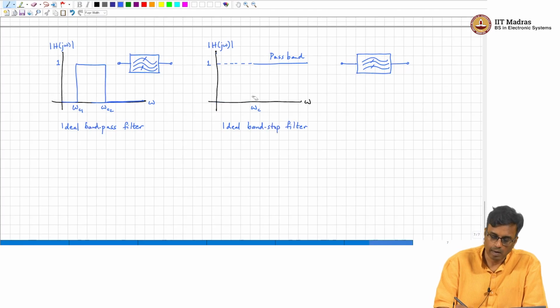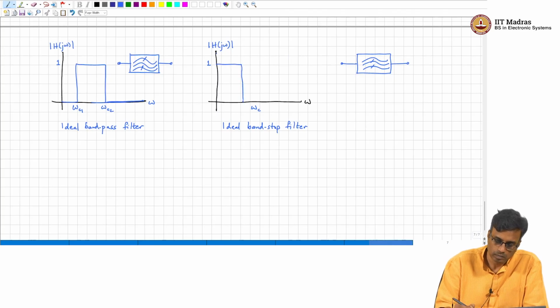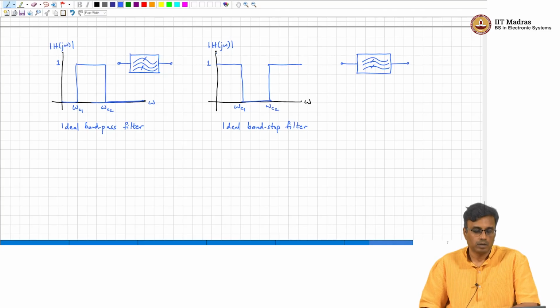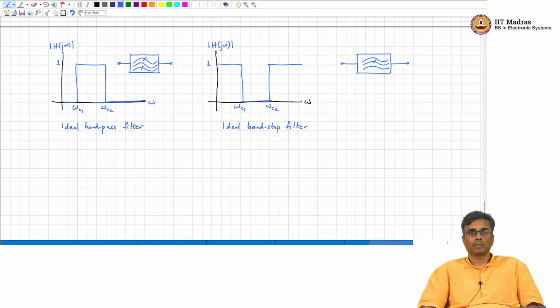This is band stop. Does it make sense, people? Is that clear?